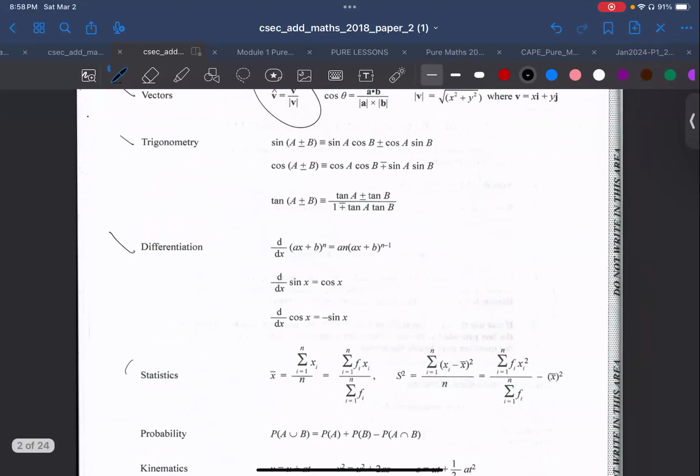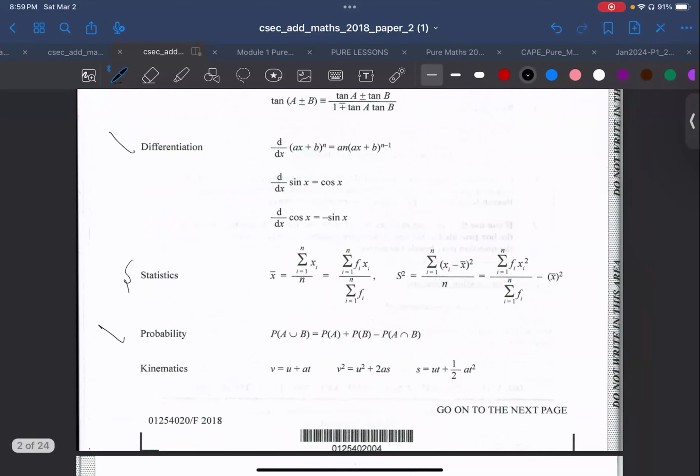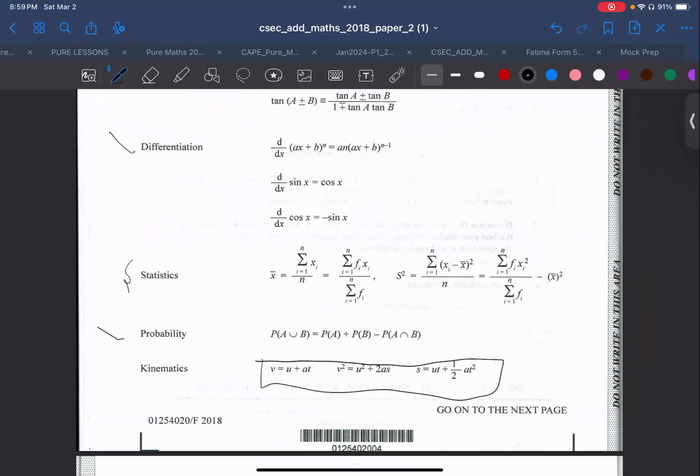I don't think this is much help. Your probability gives you it. And well, they give you equations of motion, but the majority of the time they give you calculus to do, right? So let's be familiar with it.